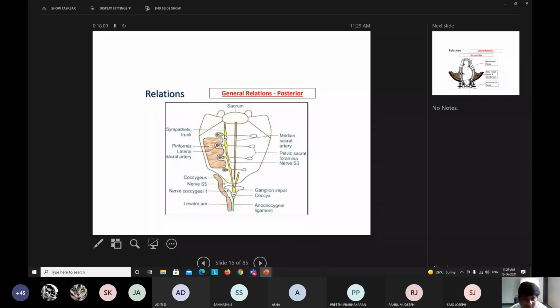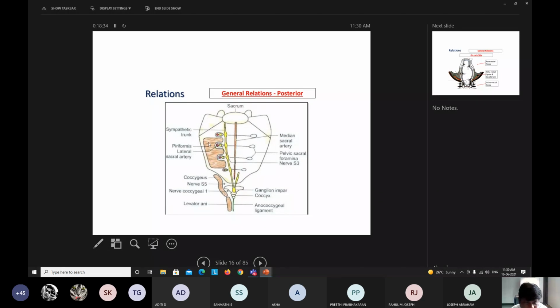And then in the posterior aspect, in the midline, you have some important relations on the rectum. One is the median sacral artery, which is a branch from the aorta, and then you have the sympathetic trunk, and then muscles.